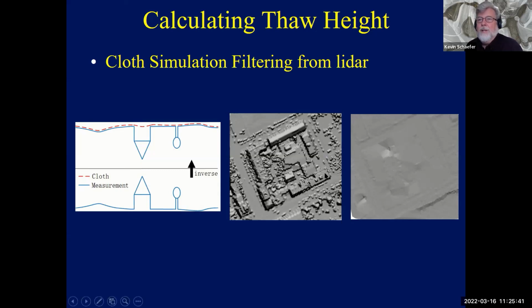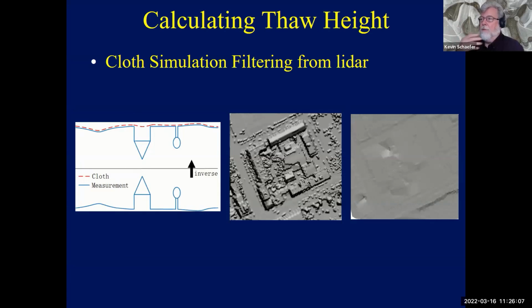But basically with Lidar, you've got point clouds where the laser bounces off the surface that you're trying to detect, but also all the objects that are sitting on the surface. We show here, for example, buildings and trees. What you do is flip it over and put a theoretical cloth, a model cloth, on that, and that allows you to estimate the height without the objects on it.